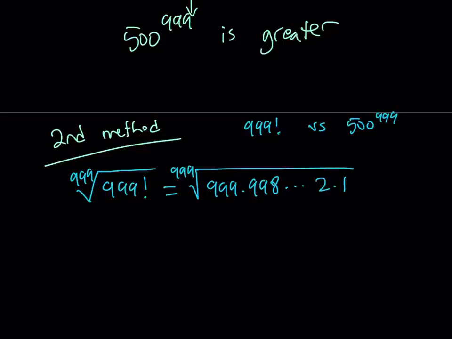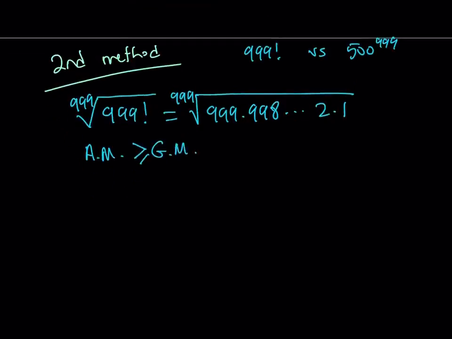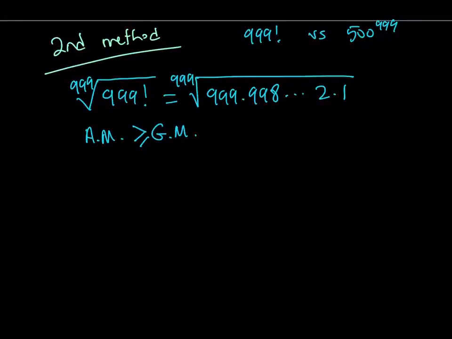Now, at this point, I'm going to use the AM-GM inequality. What does the AM-GM inequality tell me? It tells me that the arithmetic mean of a bunch of numbers is always greater or equal to their geometric mean, and the equality is attained when all the numbers are equal. In this case, obviously, they're different, so it's just going to be a strict inequality.